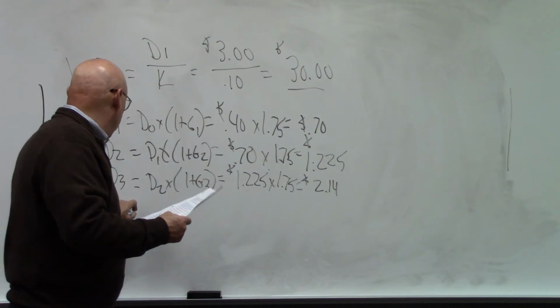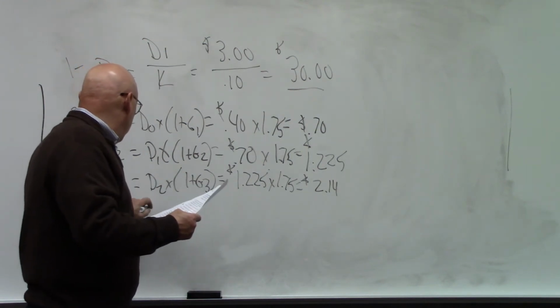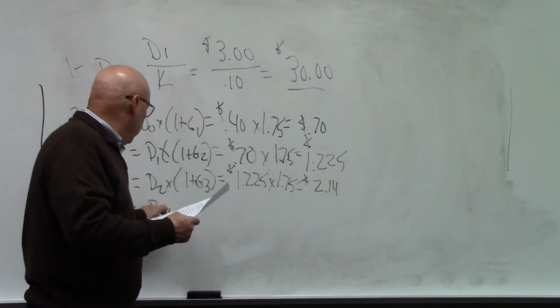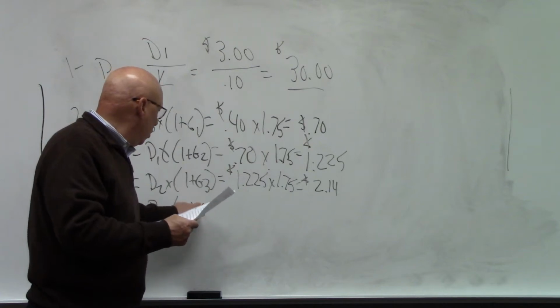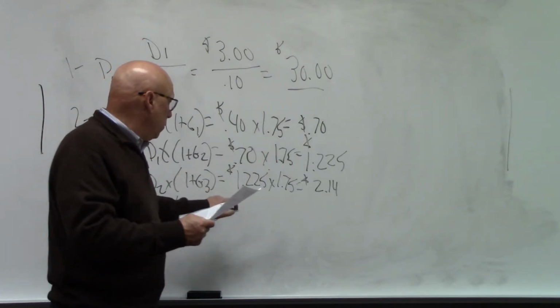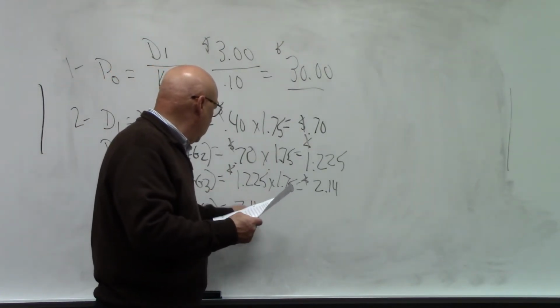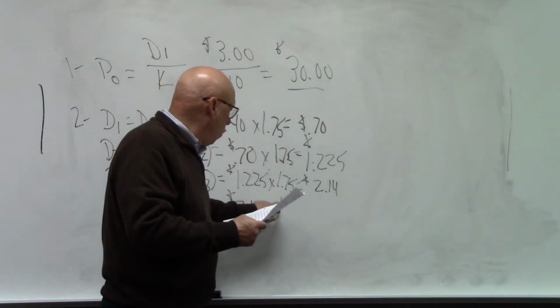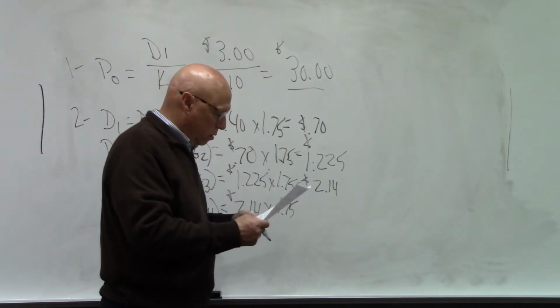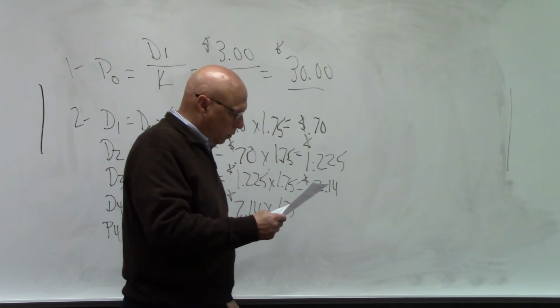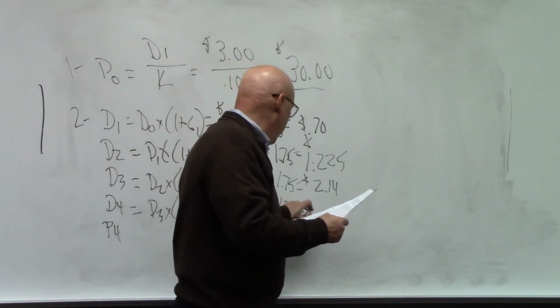D4 equals D3 times 1 plus G4 equals $2.14 times 1.75, and that's $3.75.